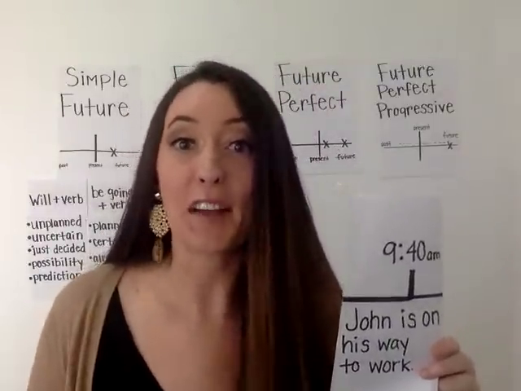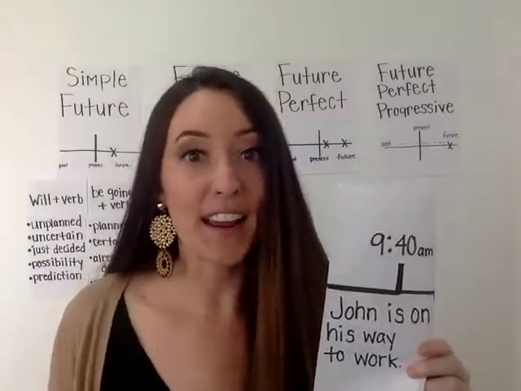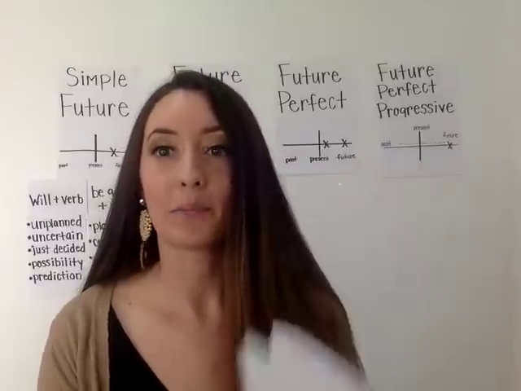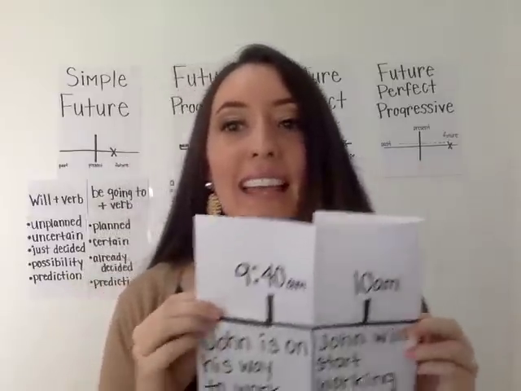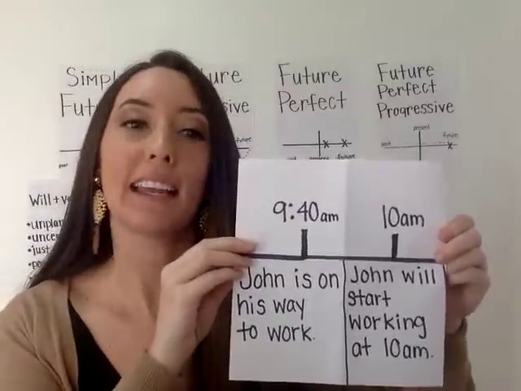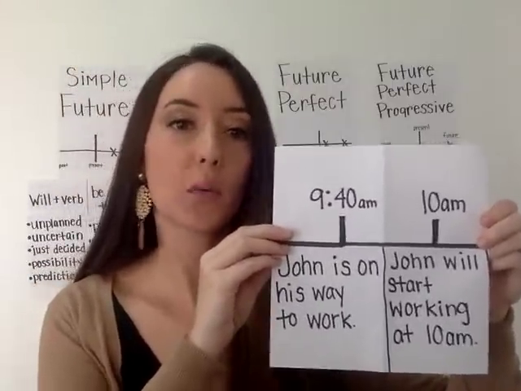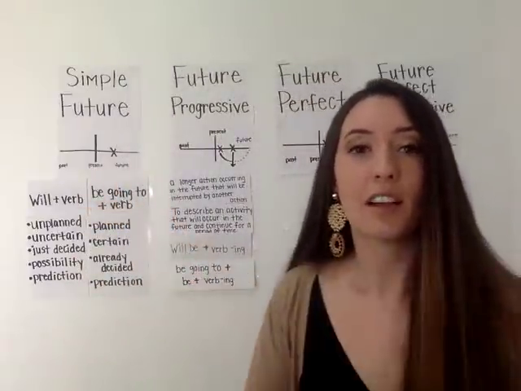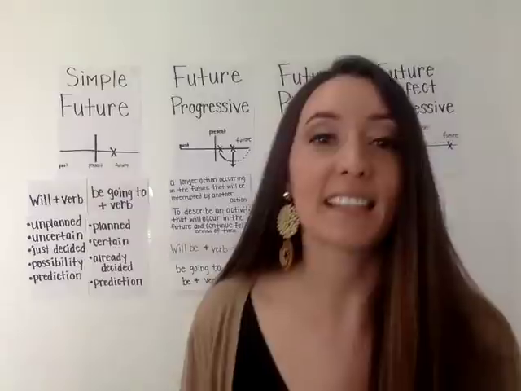Maybe he's stuck in traffic, maybe he's taking the subway, but he is on his way to work at 9:40 a.m. John will start working at 10 a.m. So using the future progressive, I would like for you to tell me the sentence.